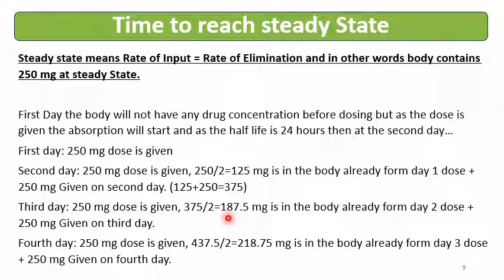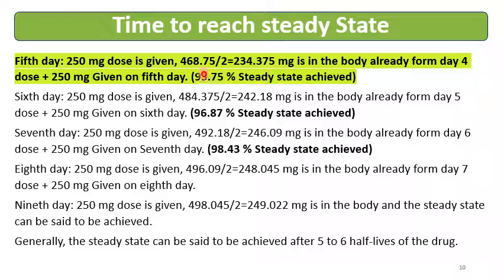Then on another day, you will have 437.5 mg divided by 2, that is 218.75 mg. This is the fourth day. And on the fifth day, we will see what is happening. Now you have 468.75 mg divided by 2, which is equal to 234.375 mg in the body already from the fourth day, and you are giving once again 250 mg on the fifth day.